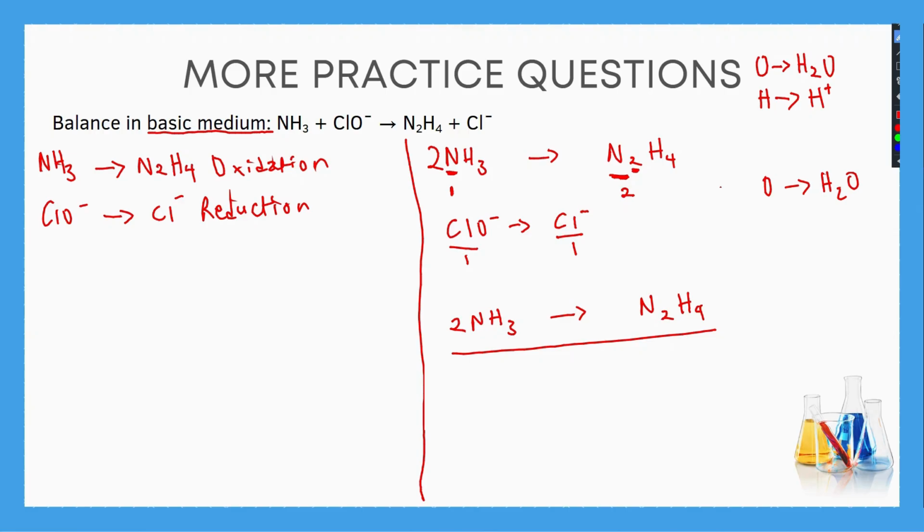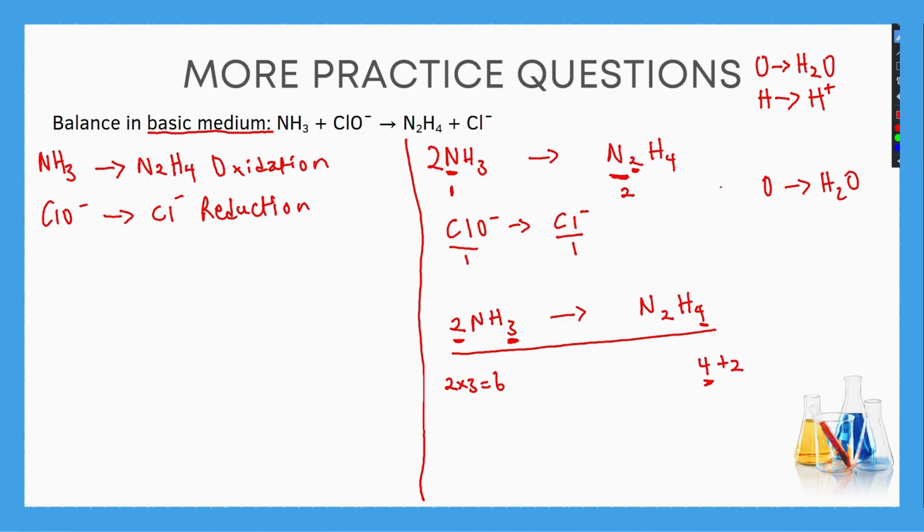On this left hand side, you can see there is a subscript of 3, which indicates that hydrogen has 3 atoms, and there is a coefficient of 2, which indicates 2 times 3. We have 6 atoms of hydrogen on the left hand side. On the right hand side, however, we have just 4 atoms of hydrogen. So that tells us that we need an extra 2 atoms of hydrogen or H plus ions in order to balance hydrogen on the other side.